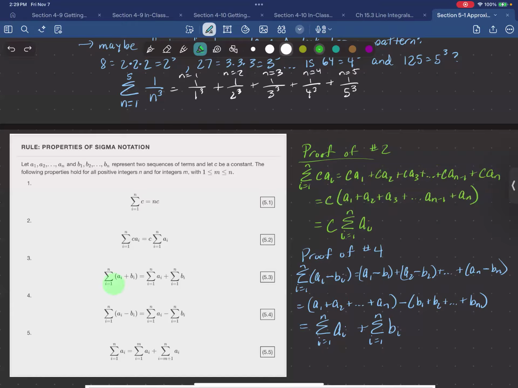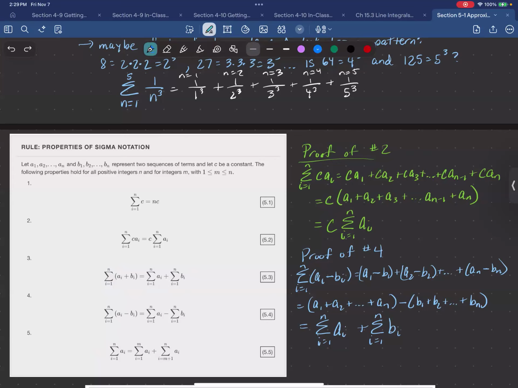We can separate two of them like this. If we've got the summation of a_i plus b_i, we can do it like that. If it's subtracting, we do subtraction. And this is just doing it step by step here. What that's doing, let me go back to regular pen here.